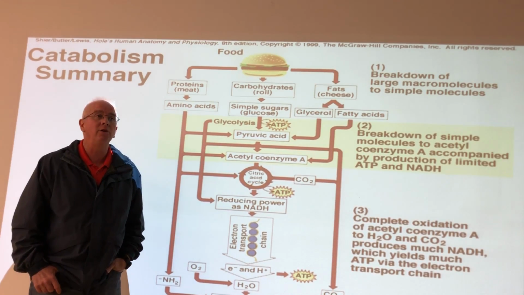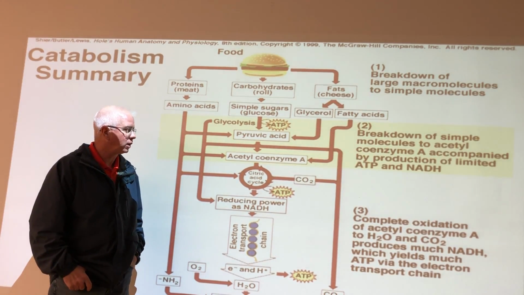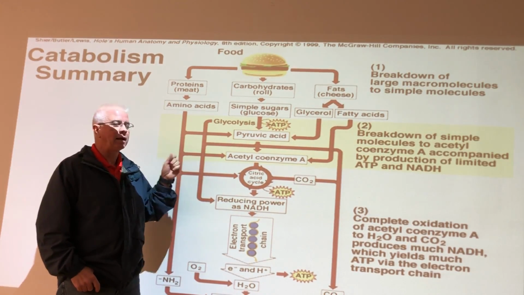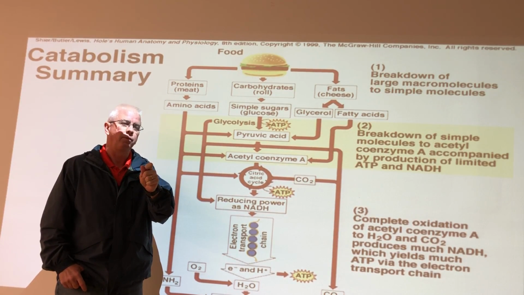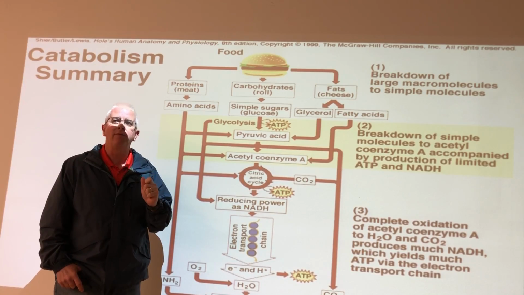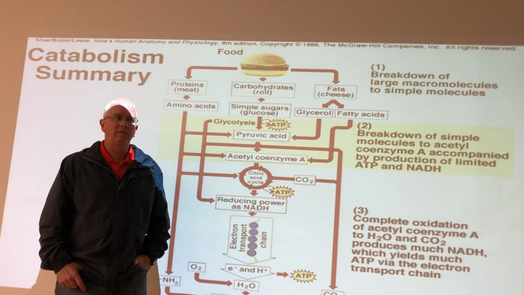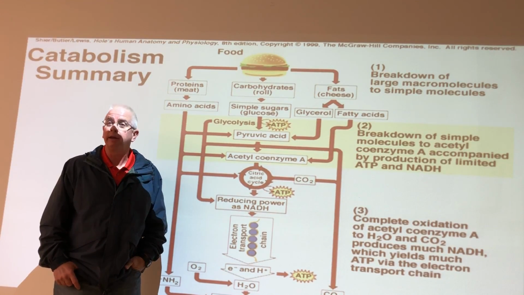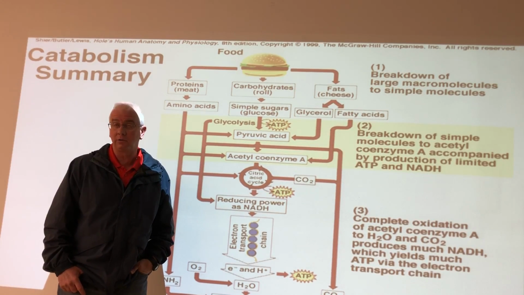All right, now, in your 3-step outline, I want you to put a couple other things here. The first one I want you to put is, by glycolysis, I want you to put anaerobic. And then put a bracket around the other 2 and write the word aerobic. What I mean by that is the glycolytic pathway does not require oxygen, and the other 2 do require oxygen.